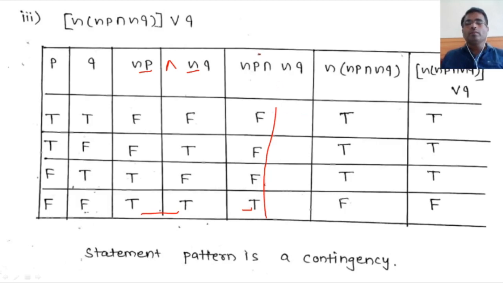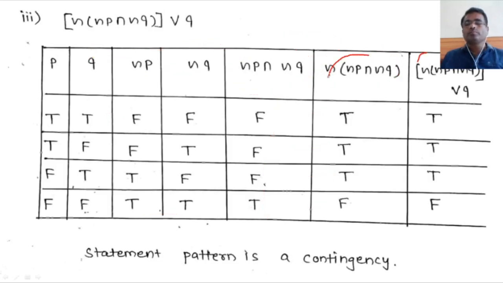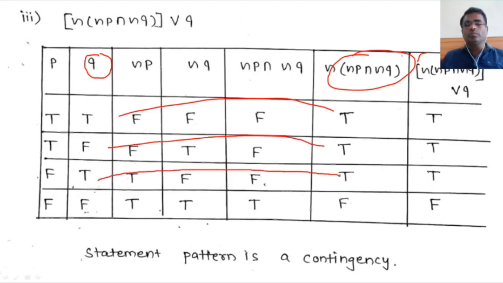Again we need the negation of this. So negation of this is exactly opposite: false becomes true, false becomes true, false becomes true, and true becomes false. And at last you have to consider this negation of the combination, or Q. True or true is true, false or true is true, true or true is true, but false or false is false.